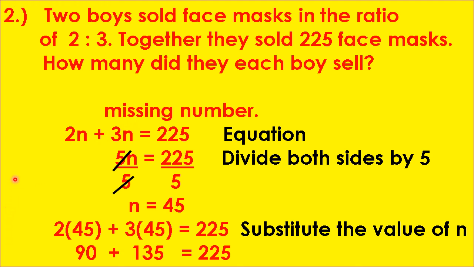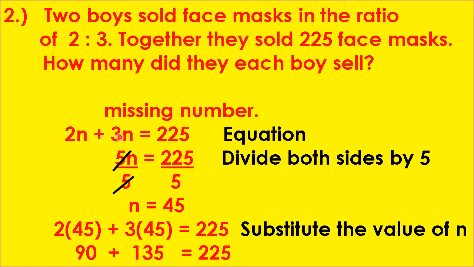Then let n be the missing number. So 2n plus 3n is equal to 225 is the equation. Then we are going to add in the left side: 2n plus 3n is equal to 5n is equal to 225. Next, divide both sides by 5.